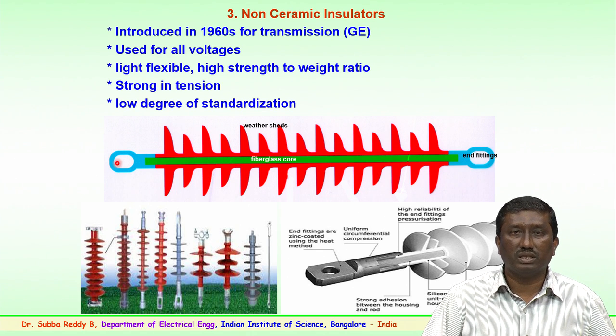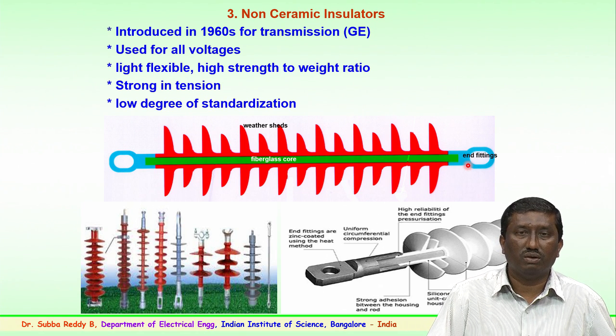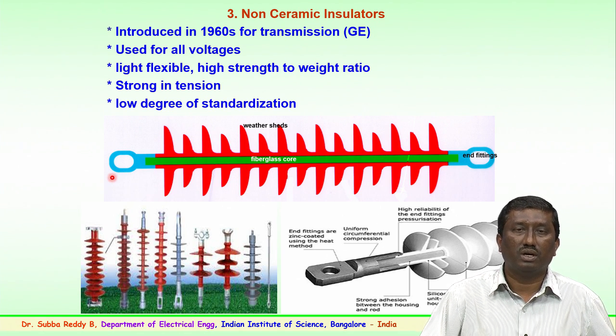Polymer insulator, as I mentioned, will have a fiberglass rod, which is shown here in the green color. This fiberglass rod is fixed with the metal end fittings. One of these fittings is connected to the tower and the other is connected to the conductors with suitable hardware.